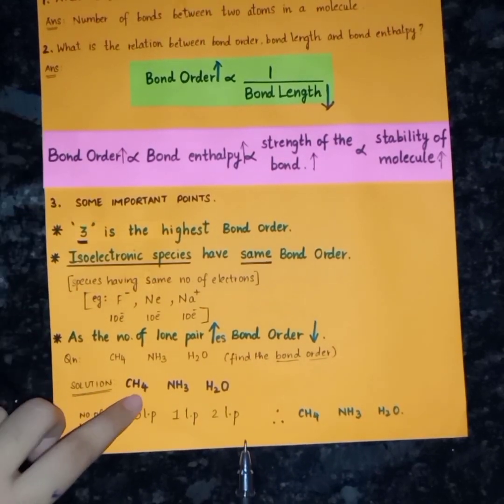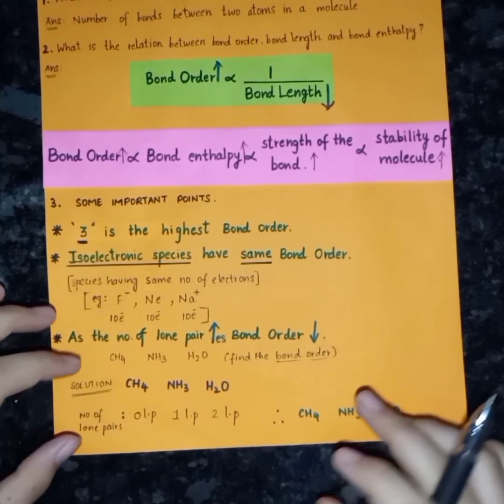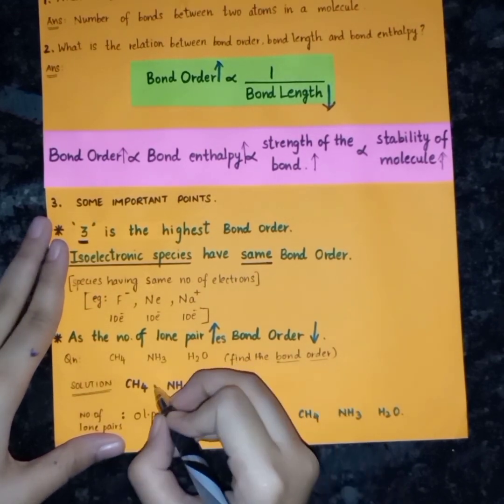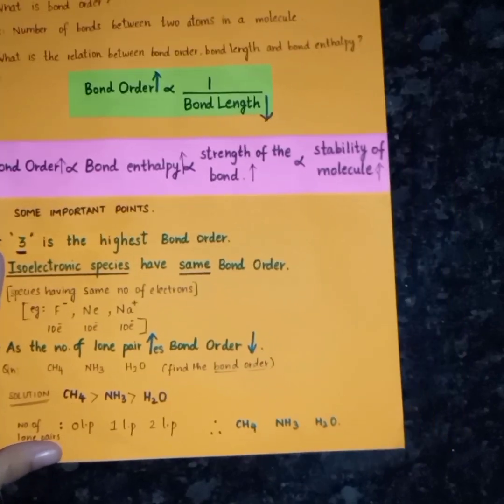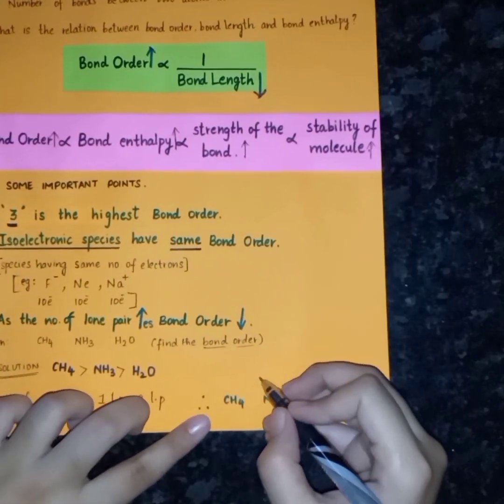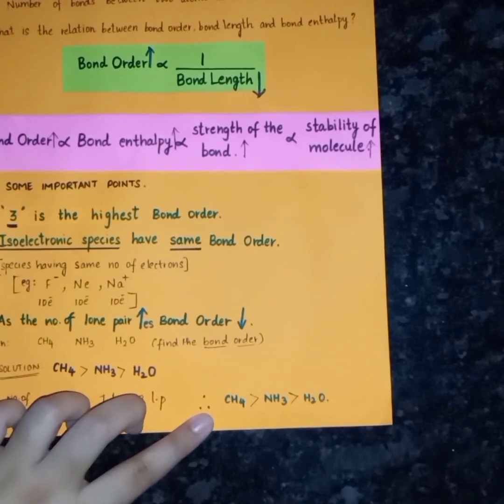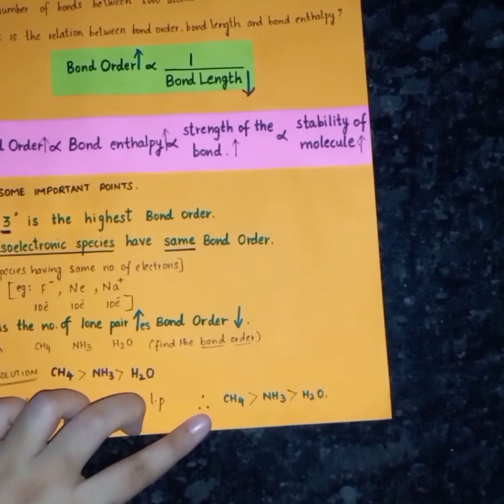Therefore, as the number of lone pairs increases, the bond order will decrease. Therefore, methane will have the highest bond order. Next, ammonia. The order will be methane greater than NH3 greater than H2O. This will be the order of the bond order.